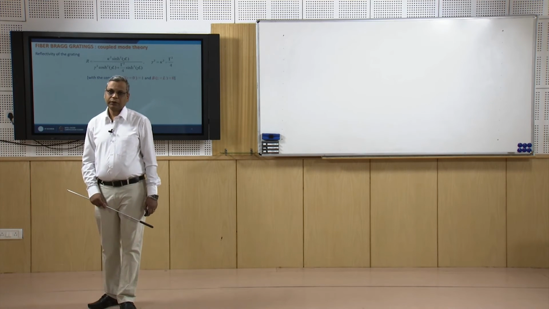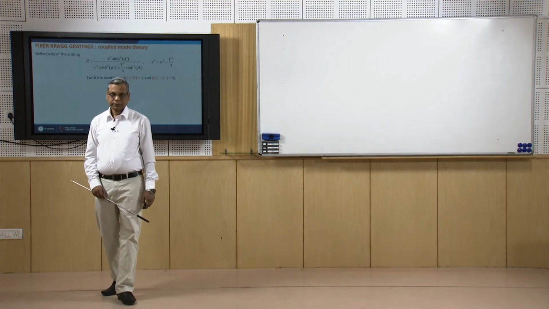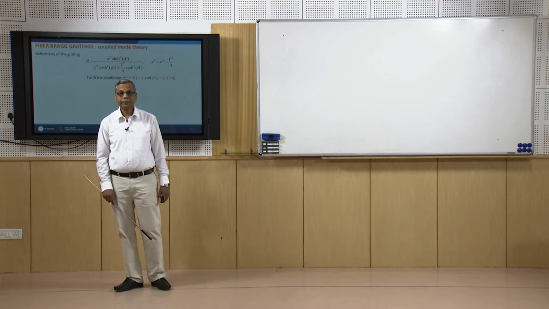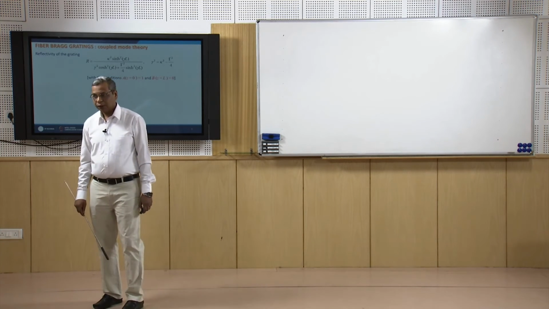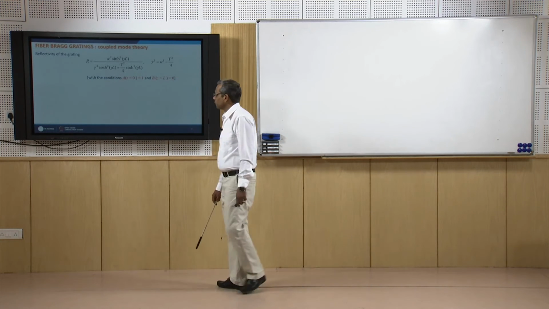If I find the ratio between the reflected power at the input end of the fiber and the incident power at the input end of the fiber, then I can know the reflectivity.